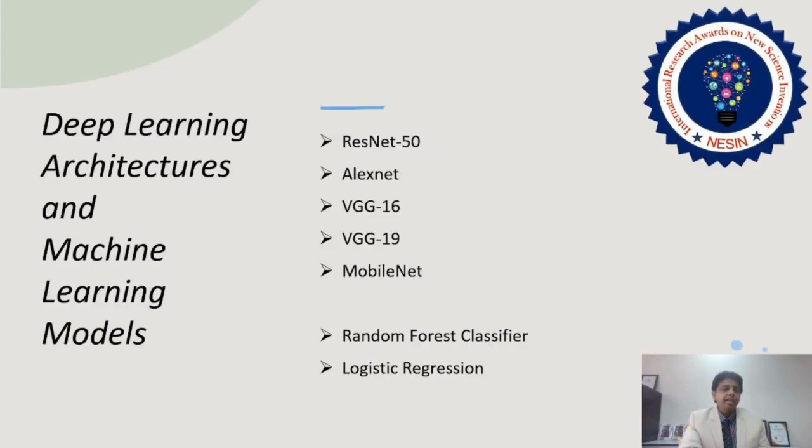So these are the deep learning architectures and machine learning models. What are the models? We use ResNet 50, AlexNet, VGG16, VGG19, and MobileNet. And for the classifier, we use random forest classifier and logistic regression.